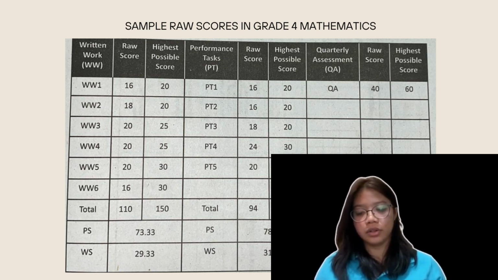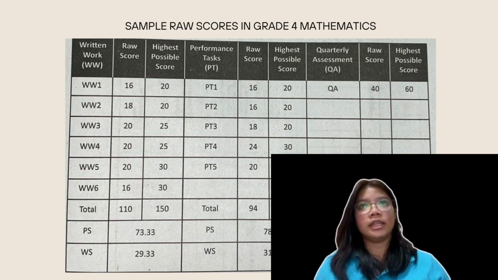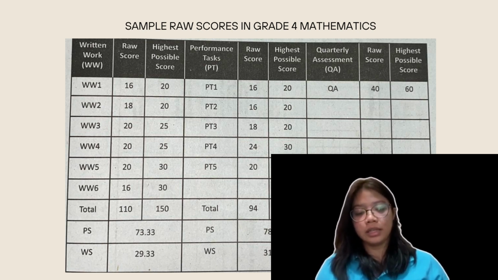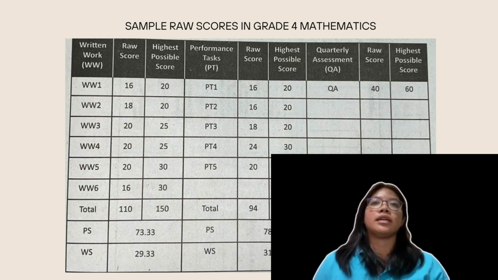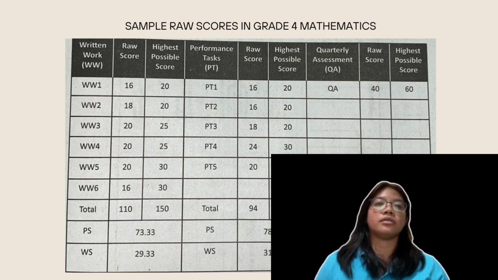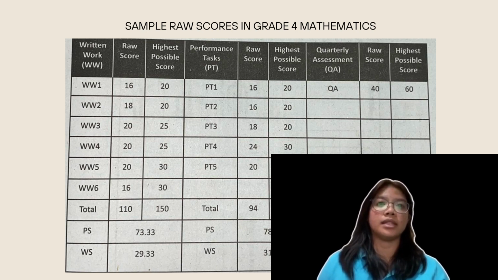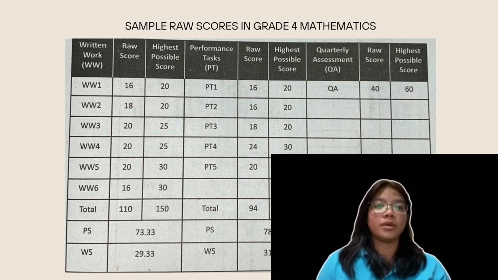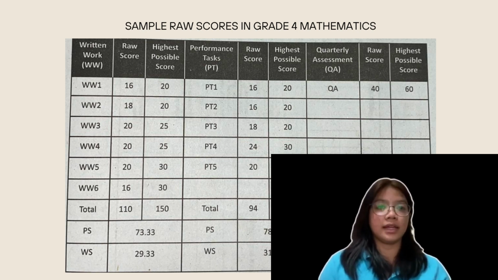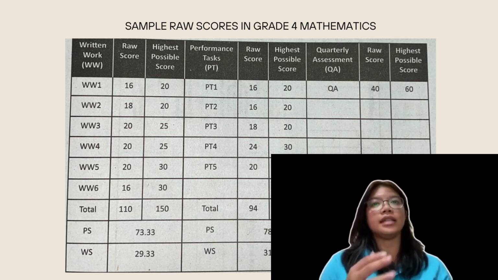We have raw scores for written work, practical tests, and the quarterly assessment that we need to base the grades on. Kung ano ang kalalabasan nito, ayun ang magiging final grade nila. Kaya kailangan natin ng mga ganito.